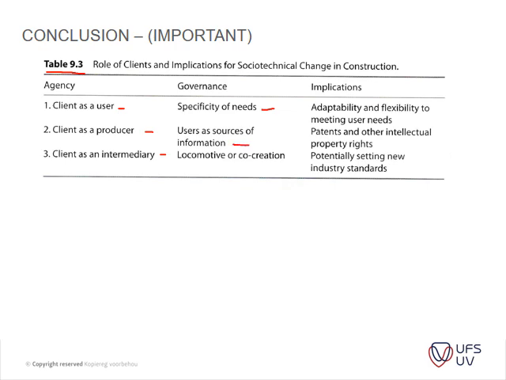Okay, and then locomotive or co-creation. So this is your intermediaries. And then the implications of this are adaptability and flexibility to meeting user needs. And then you have your patents and other intellectual property rights going towards your producer, and then potentially setting new industry standards, your intermediaries. Okay.